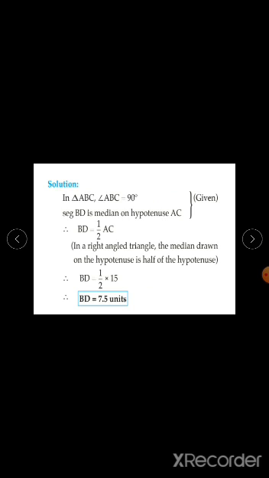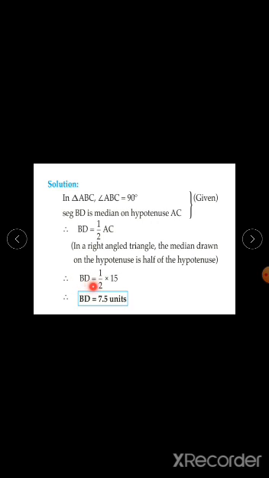Why? Because in a right angle triangle, the median drawn on the hypotenuse is half of the hypotenuse.